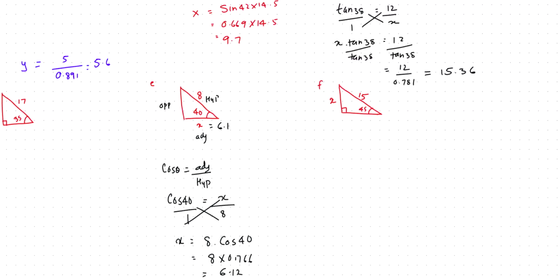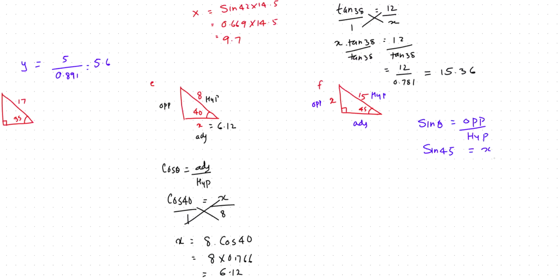Similarly, for the next question, this angle is the reference angle 45. This is the opposite side, this is adjacent, and this is hypotenuse. So they're asking for opposite. Hypotenuse is 15. So for opposite and hypotenuse, we can use sine theta equals opposite upon hypotenuse. Theta is 45. So sine 45 equals opposite, which is x, over hypotenuse, which is 15.